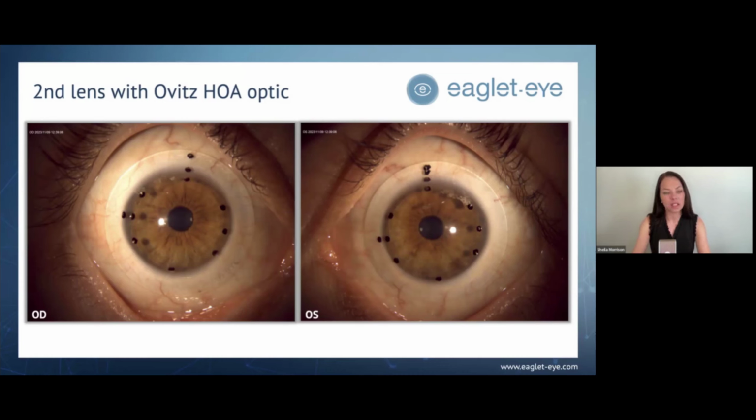But we received these in on our lenses that are previously fit for that perfect, stable fit, best distance vision. And then we take an OVID scan, in this case, on top. That's the unit that we use, and send the data into the manufacturer on top of this dotted lens so that they can identify and pinpoint exactly where the aberrations are and develop the optic that can neutralize it all.